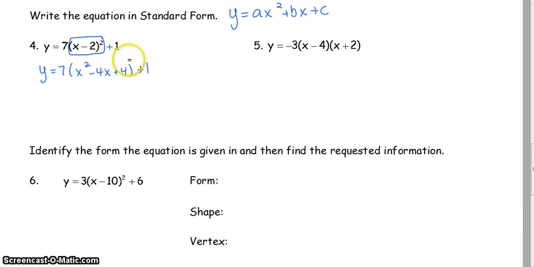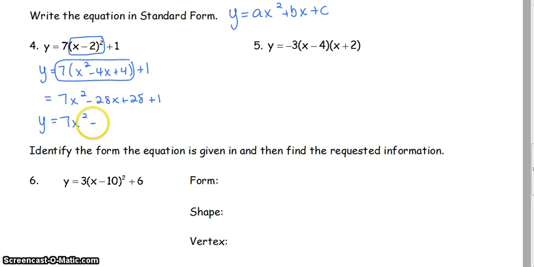The next thing in order of operations is to distribute that 7. So I've got 7x squared minus 28x plus 28, and then we have that plus 1 over there. So our equation in standard form is y equals 7x squared minus 28x plus 29. So getting the standard form is just foiling everything out, but making sure that you're following the order of operations.